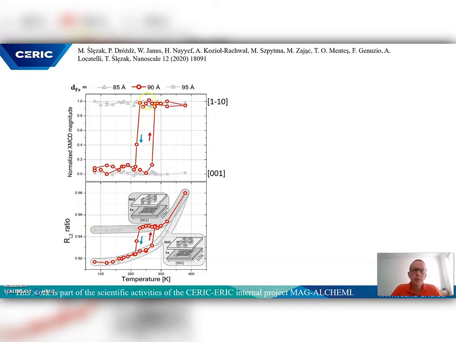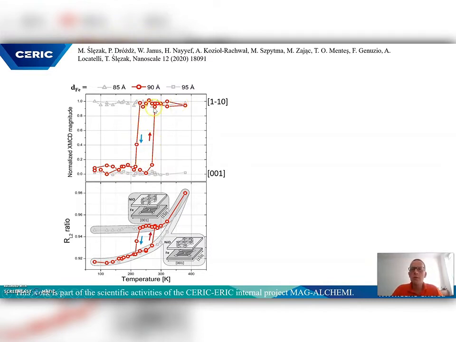So let's focus here on these red curves, 90 angstroms thick iron film, XMCD temperature dependence. When we are at high temperature, it's magnetized along the 1-1 in-plane direction. When we cool down the system, it switches at some point to 001 in-plane orientation, and then we have to heat up more in order to come back to 1-1 orientation.